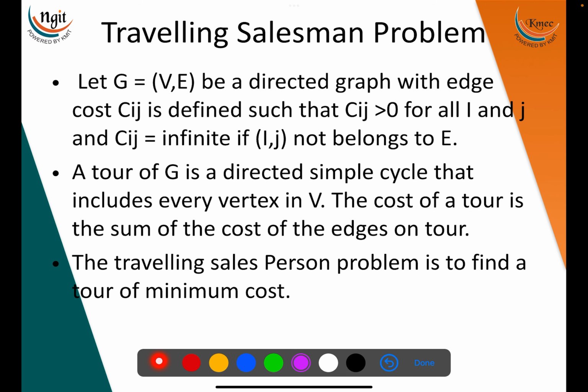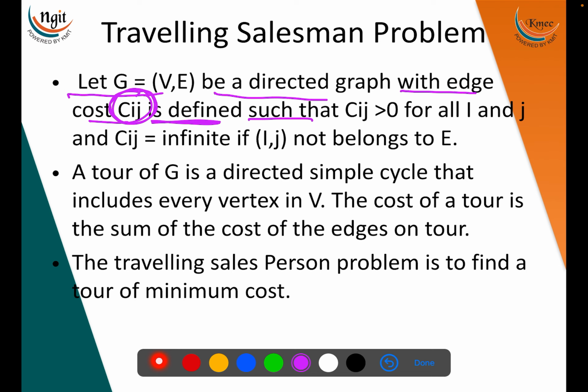Now let G = (V, E) be a directed graph with edge cost Cij defined such that Cij is greater than 0 for all i and j, and Cij is infinite if ij does not belong to E. Now understand the traveling salesman problem with an example.